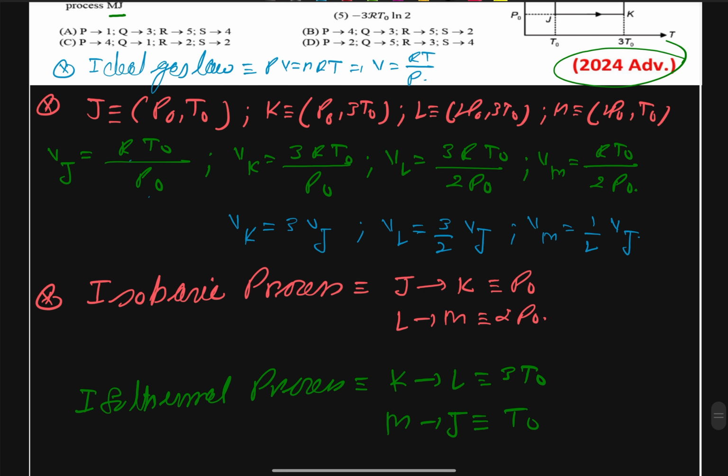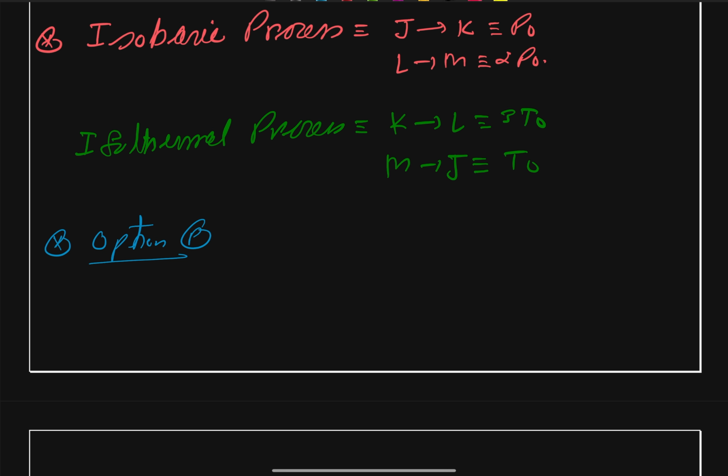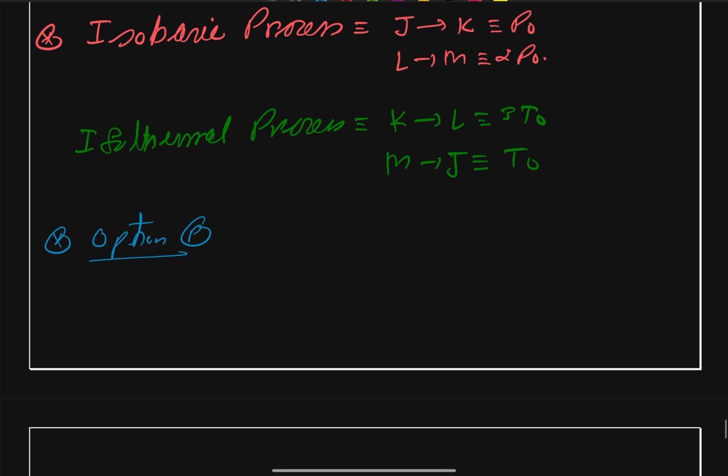So let's find out option P, that is work done in the complete cycle. We know that the change in internal energy for a cyclic process is equal to 0.